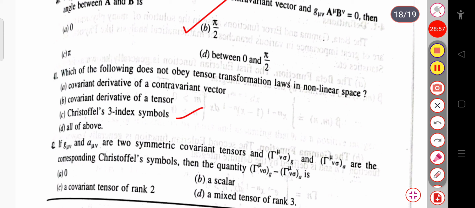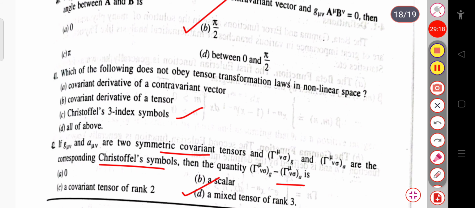The last question is, if G mu nu and A mu nu are two symmetric covariant tensors and gamma mu nu sigma G and gamma mu nu sigma A are the corresponding Christoffel symbols, then the quantity is called a mixed tensor of rank 3.